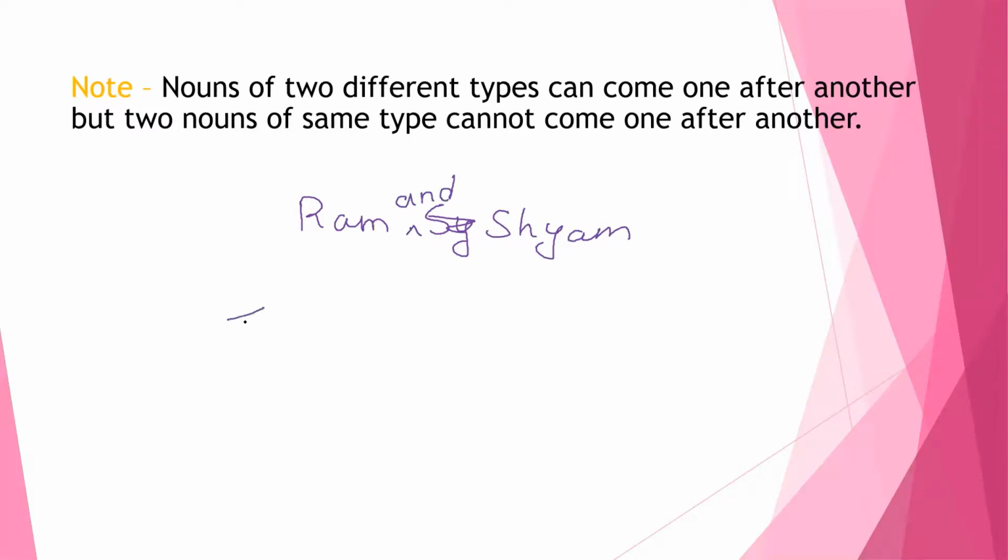But if I say Taj Mahal, here Taj Mahal is not one word. It's two different words. Here, Taj is a proper noun and Mahal is a common noun. So here, two nouns of different types are coming one after another.